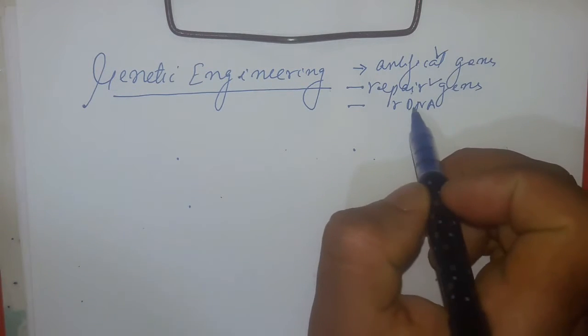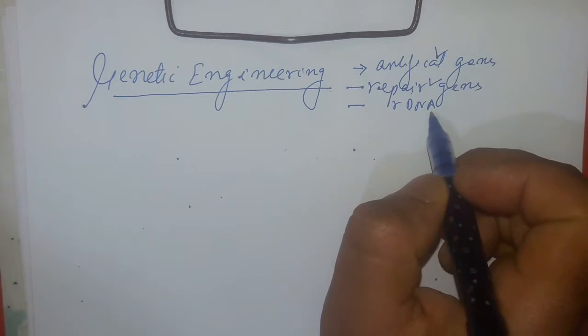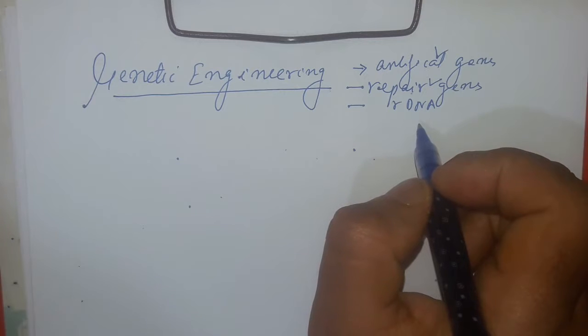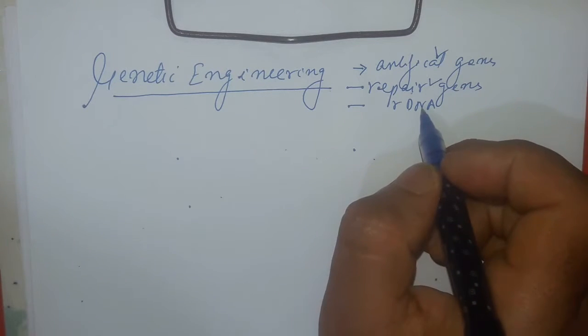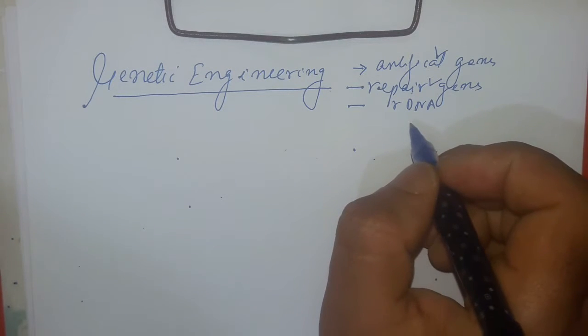This is important. Now, recombinant DNA technology is also called a gene splicing, as it involves cutting and pasting of desired DNA fragments.